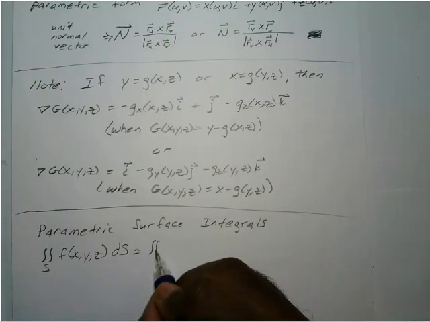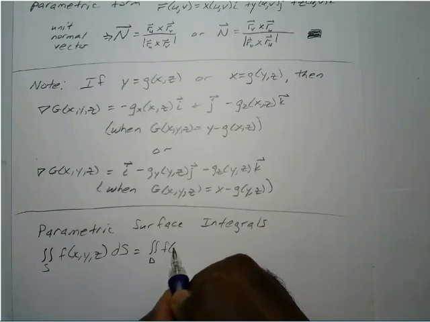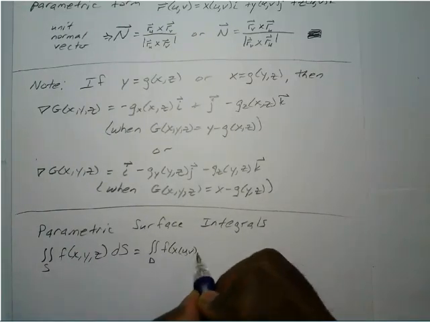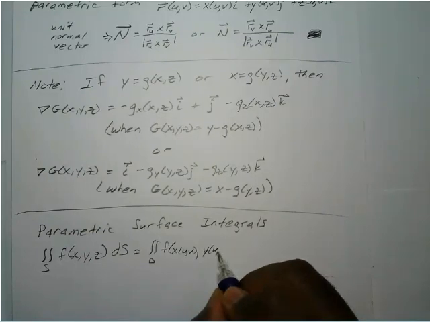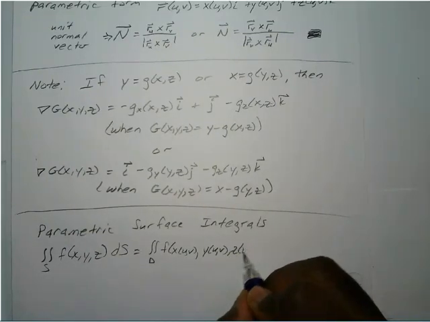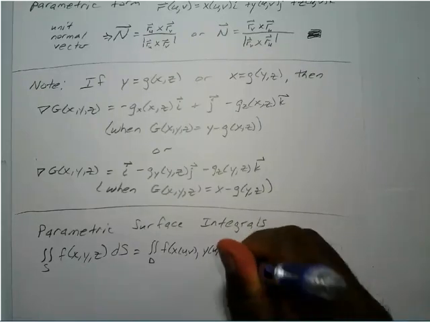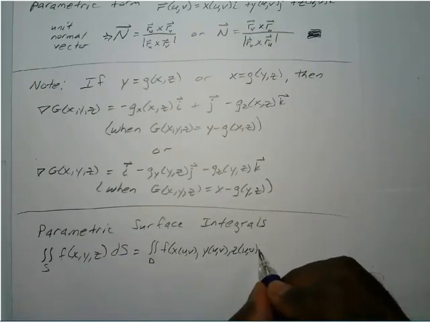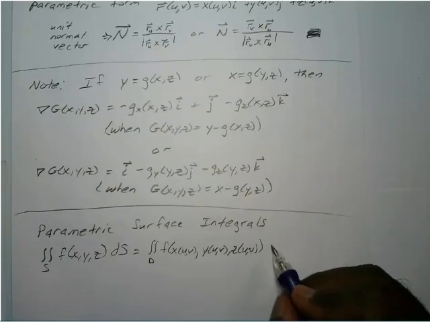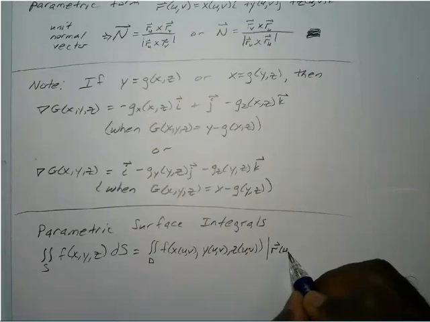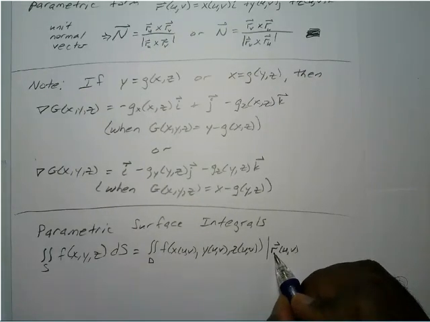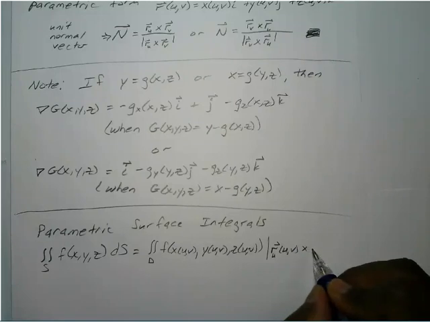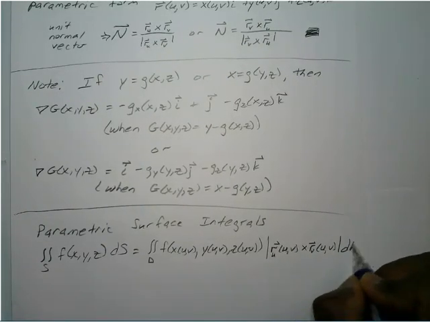That's going to equal the double integral over our domain of f of x(u,v), y(u,v), and z(u,v) times the magnitude of our cross product, the partial with respect to u cross the partial with respect to v, with respect to the area.